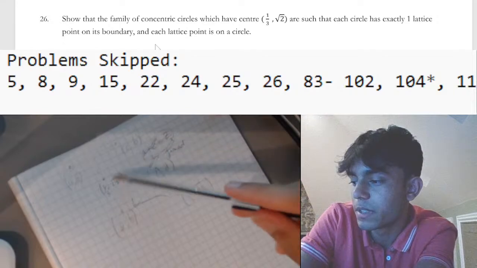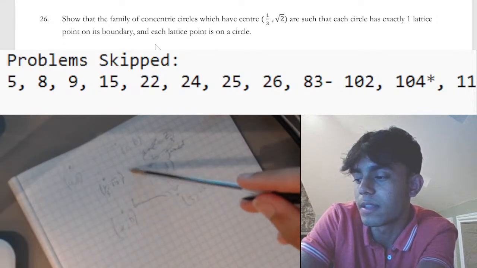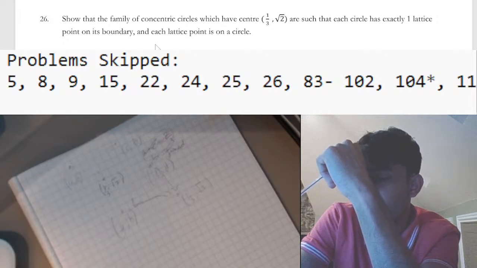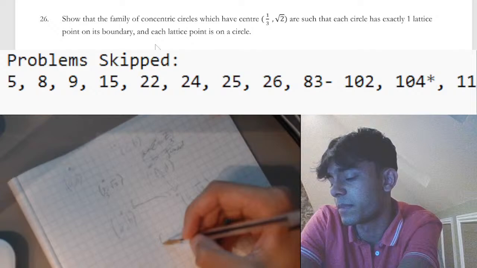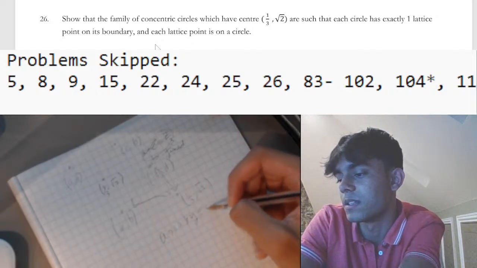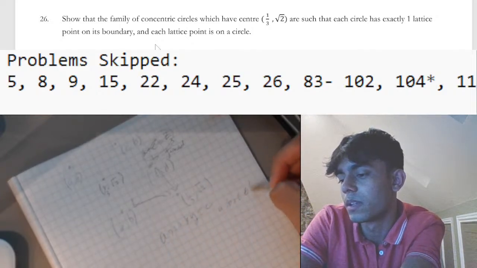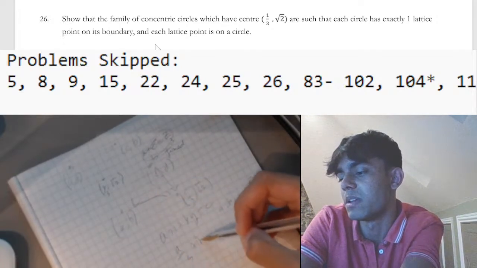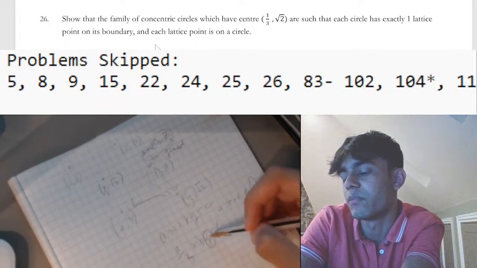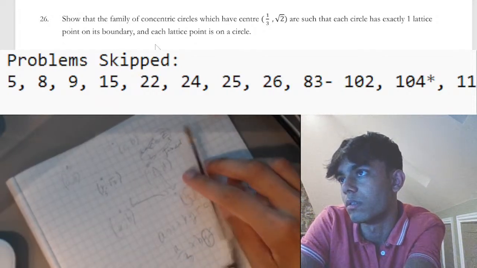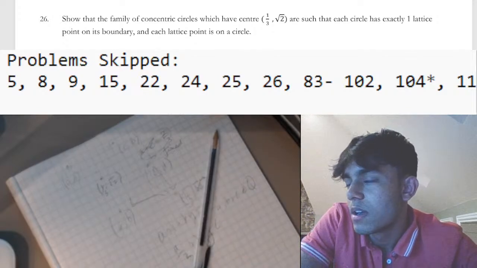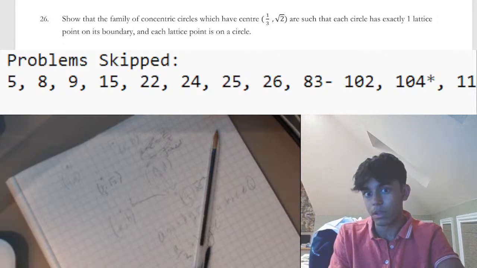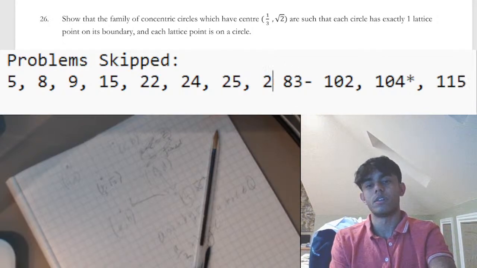And so the perpendicular bisector of these 2 points is going to have rational coefficients, something like ax plus by is c, where a, b, c are all rational. Then you plug in x is 1/3. So you have a over 3 plus by is c. So y is going to be something rational, which isn't rational. So you can't have 2 points. And then for every lattice point, obviously you're going to have a radius which works. So yeah, we did this question.